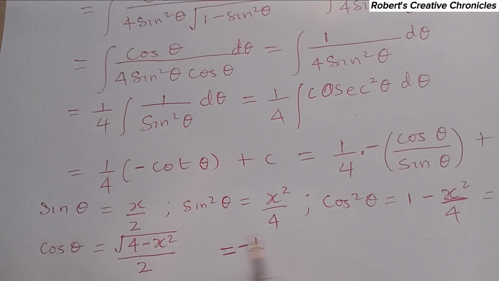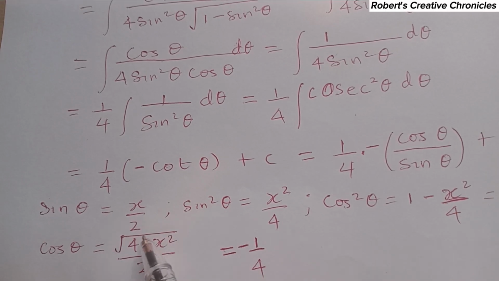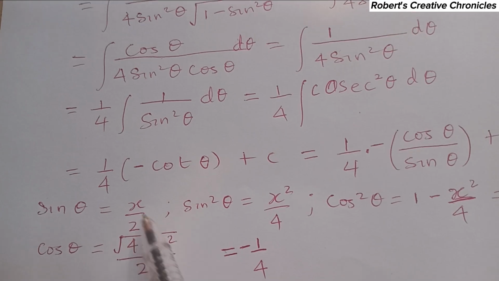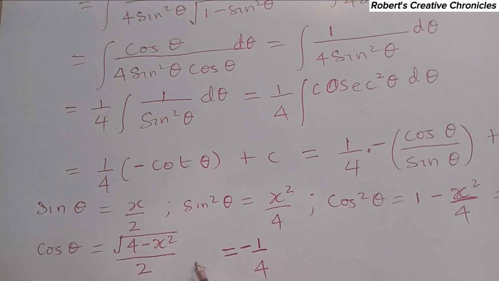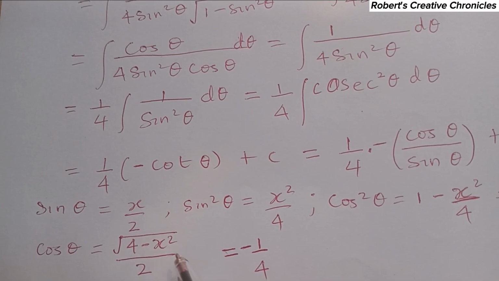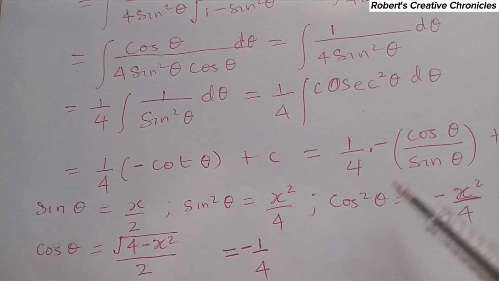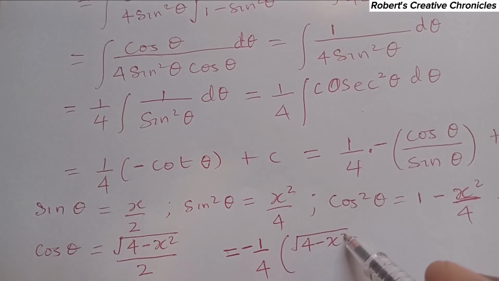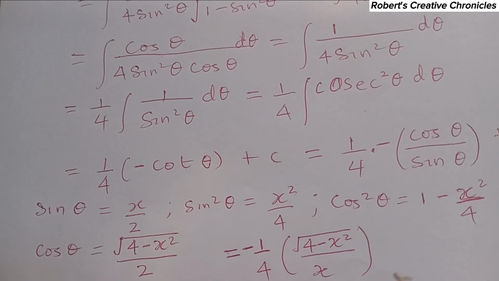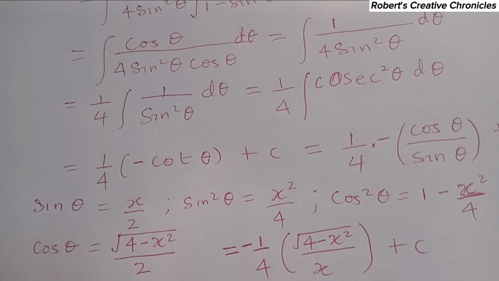So this is cos theta, and we'll divide it by this sine theta. So this divided by x over 2 is what? We'll multiply it by 2 over x. So 2 and 2 will cancel, and it becomes root 4 minus x squared over x plus c.